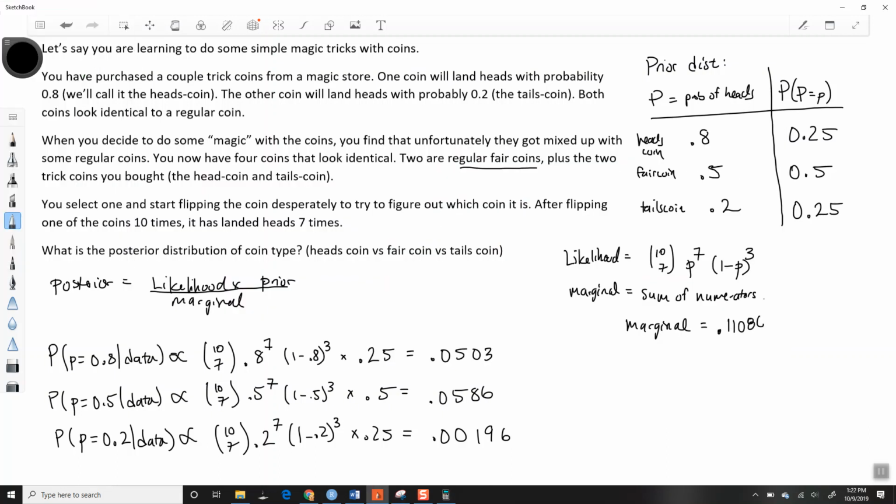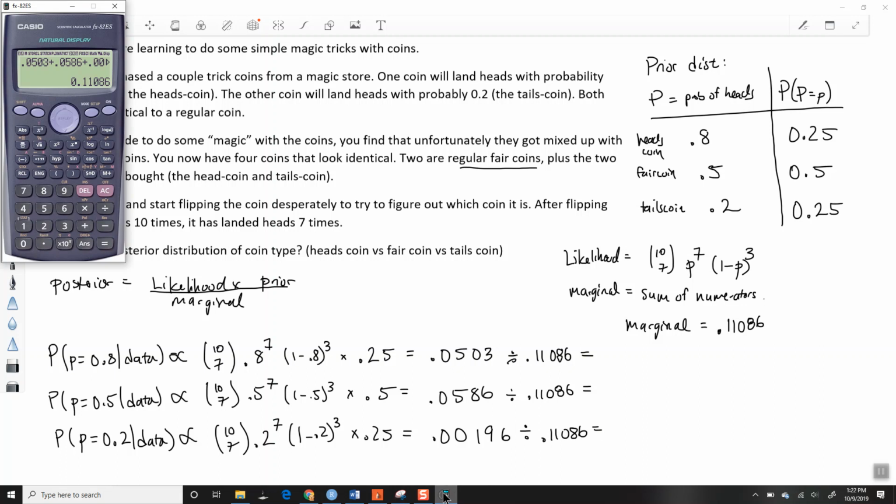And so therefore, I'm going to divide all of these by our marginal to get our posterior probability. So I get 0.0503 divided by 0.11086, and the last one is 0.000196.